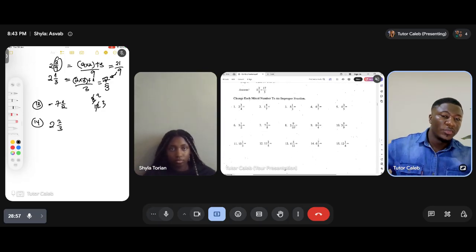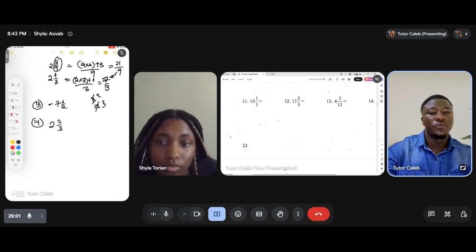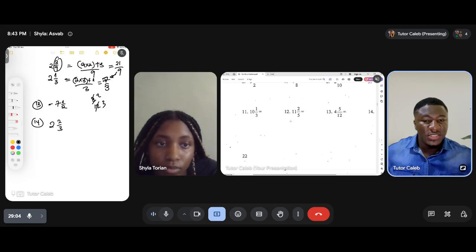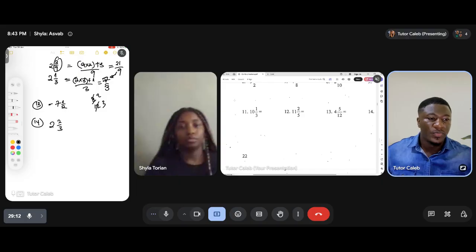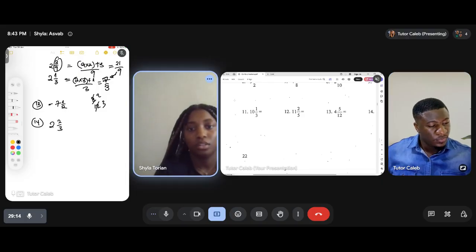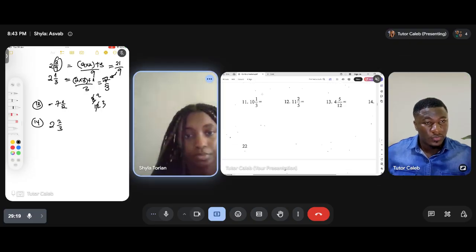Now, next exercise, question 10 to 13. We're moving from mixed fractions back to improper fractions. Which one? Question 10.